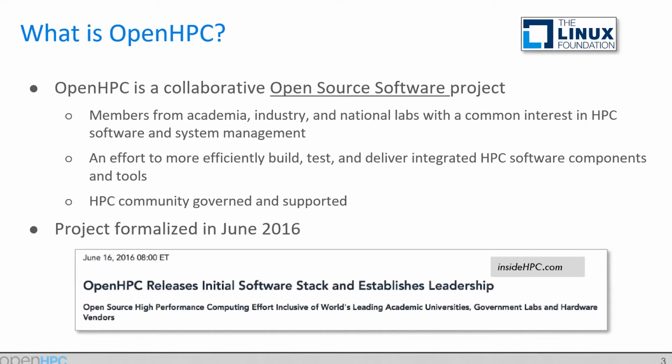OpenHPC is a collaborative open source software project that was started in 2016. The goal was to bring together members of the HPC community in order to create a common repository of software.